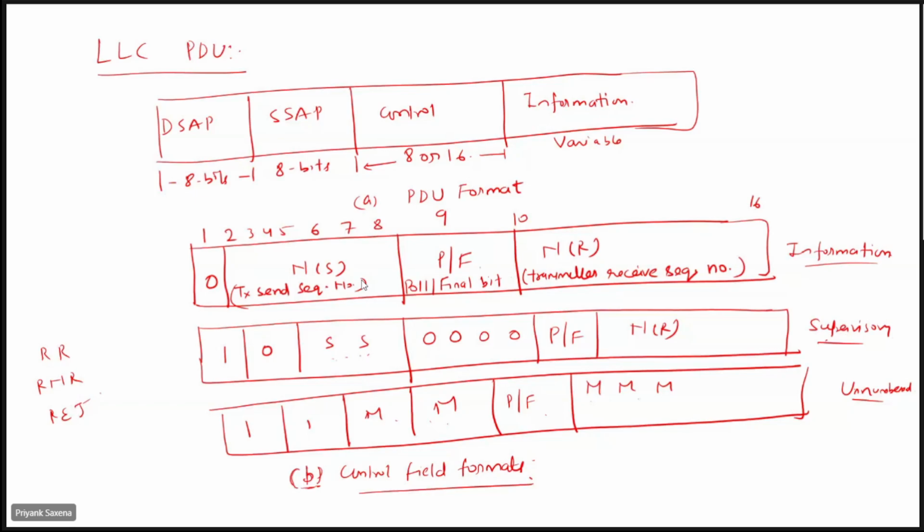In supervisory, RR, RNR, reject. In unnumbered, your balanced mode, okay, DM, FRMR, all those things.